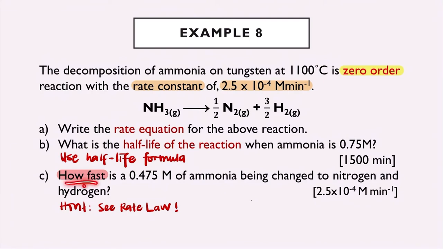Next, how fast, okay, so that is the rate, is 0.475 molar of ammonia being changed to nitrogen and hydrogen. Okay, to answer this, you need to look at your rate law again. So this is zero order. So cuba fikir whether your rate will change or not when you change the concentration of ammonia.